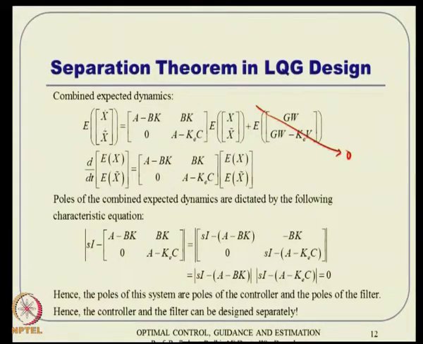So, to analyze that, we can have this eigenvalue analysis, and eigenvalue of this matrix is determined by the characteristic determinant actually. Okay. So, the characteristic equation is given by this matrix determinant, sI minus this matrix, this whole determinant, and that determinant you can now, sI is a diagonal matrix, remember that.